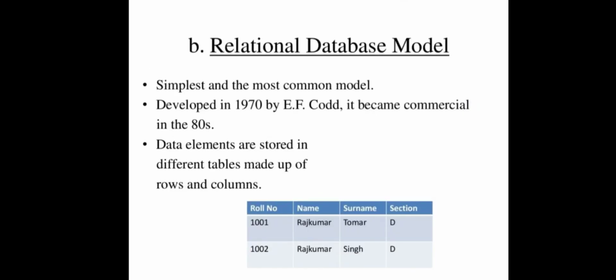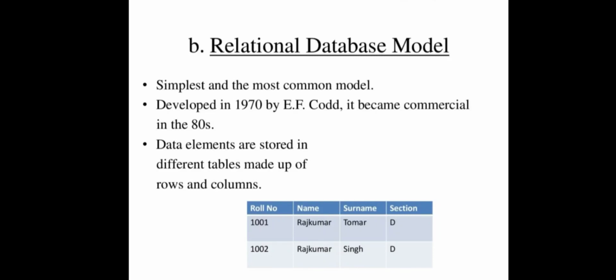Next one is the relational database model. That is the simplest and most common model. It was developed in the 1970s by E. F. Codd. Data elements are stored in different tables made up of rows and columns.